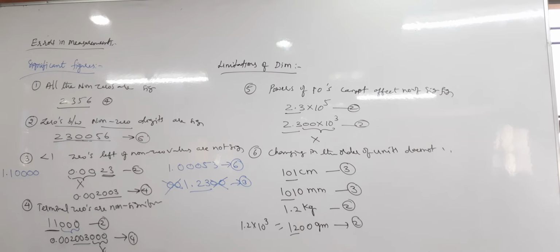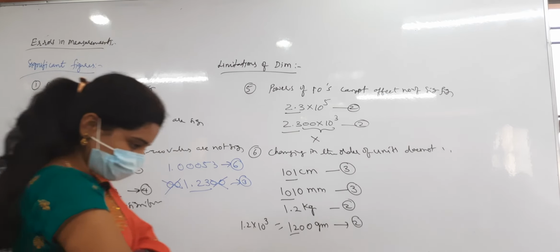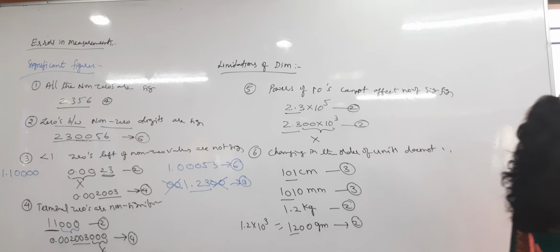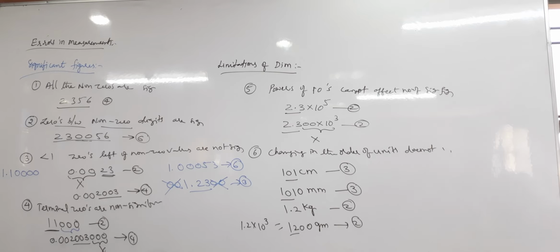Third one: when the value is decimal and less than 1, the zeros preceding the first non-zero digit are not significant.